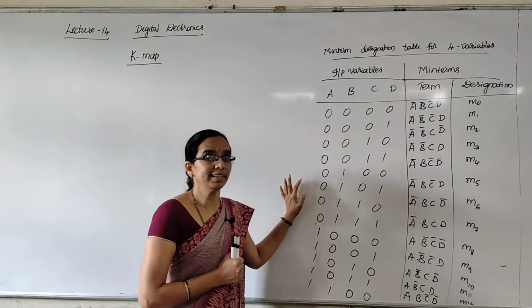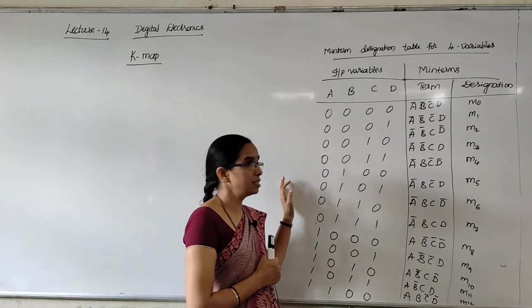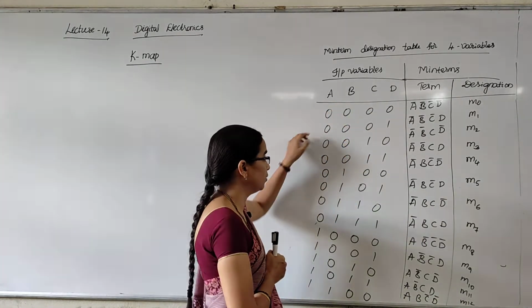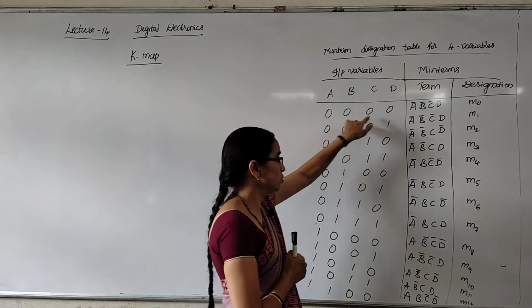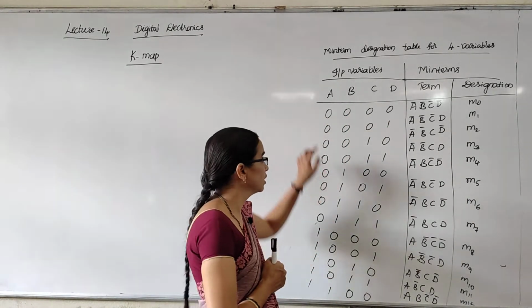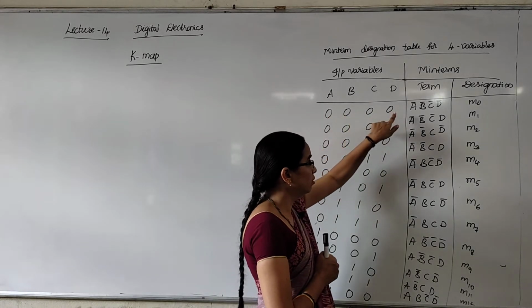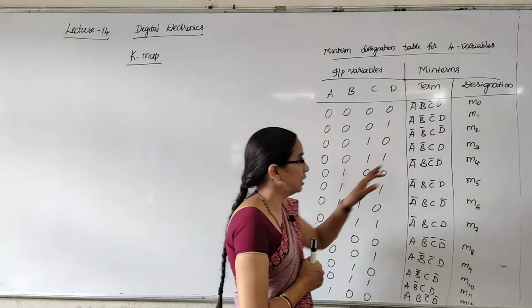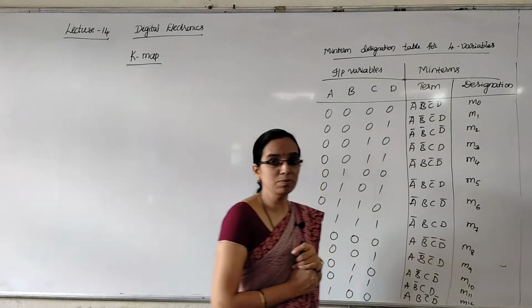So this is the min-term designation table for 4 variables, where we will have 4 variables A, B, C and D. It will start with 0, 0, 0, 0 and end with 1, 1, 1, 1. 0, 0, 0, 0 min-term is A bar, B bar, C bar and D bar, and the corresponding designation is M0.